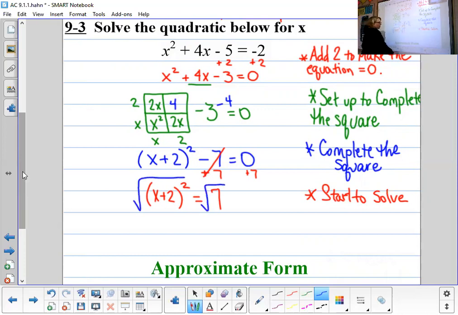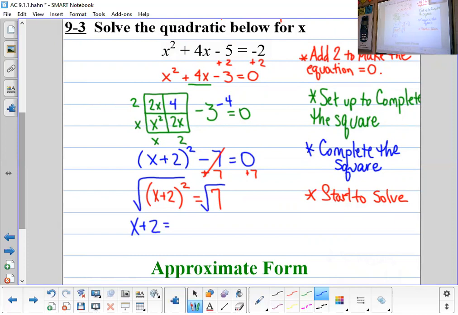Okay, so now when I square root my parentheses squared, I'm left with what's inside the parentheses. When I square root 7, is that a perfect square? No, it's not. 7's not a perfect square.